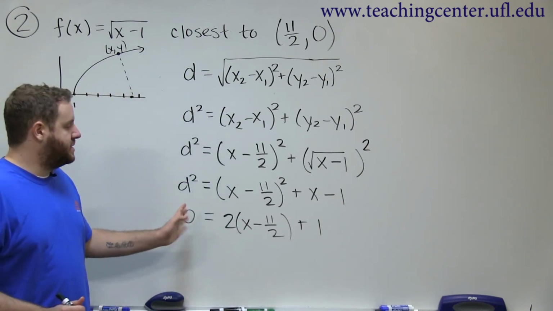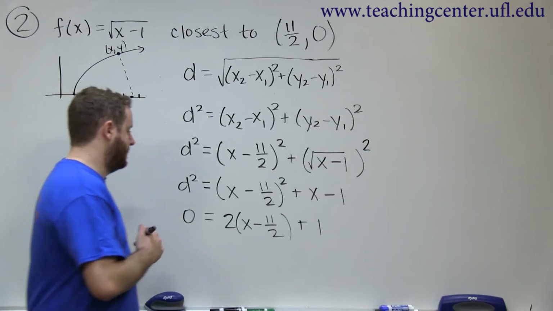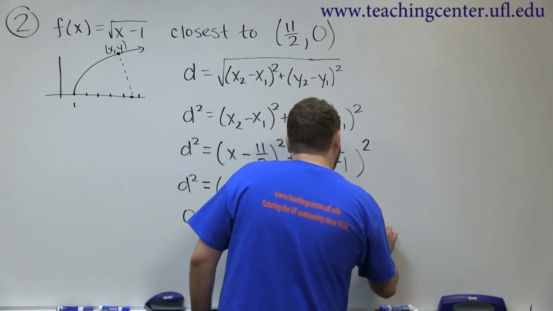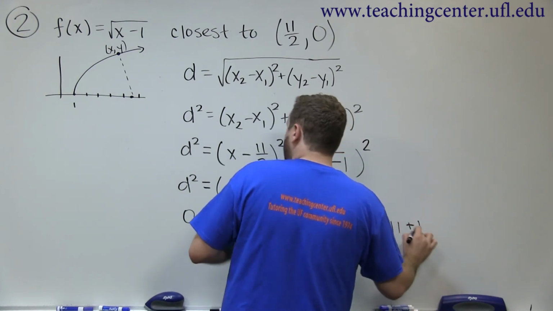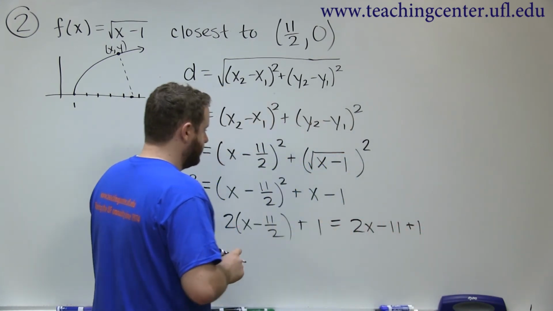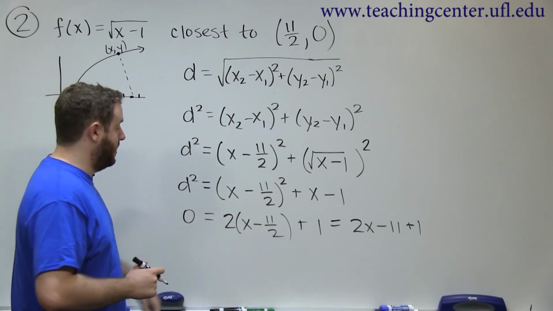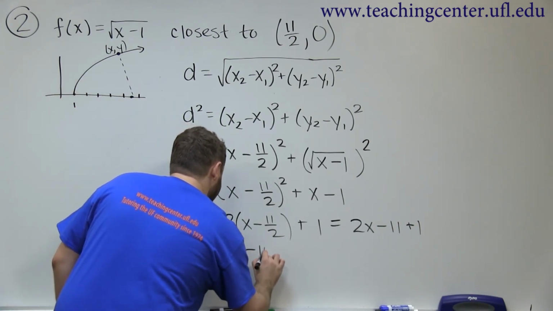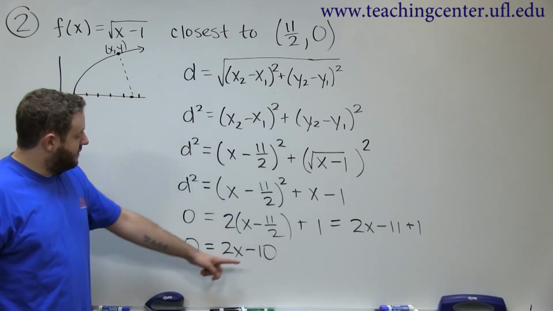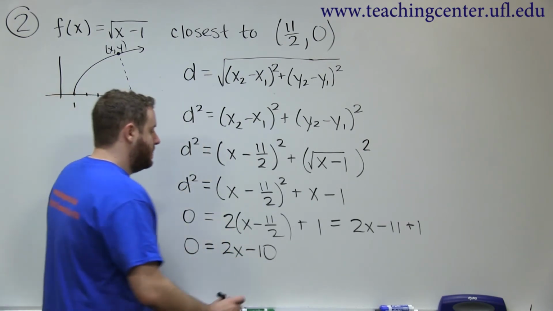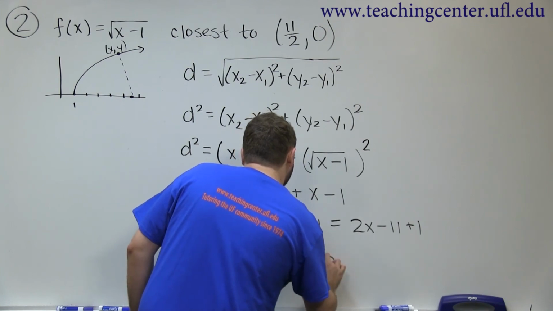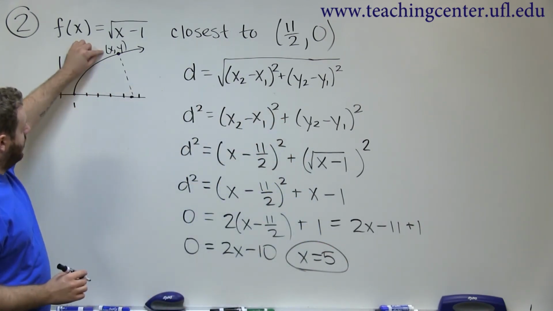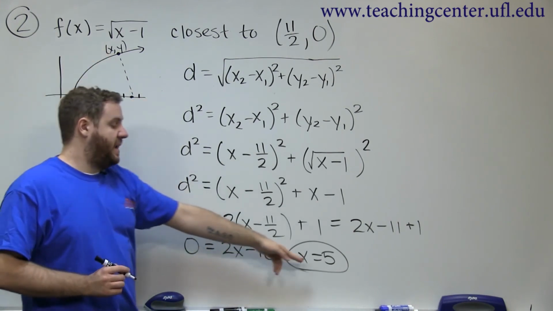This is really easy to do now. Just distribute the 2, and then we'll solve it. So if we distribute the 2 here, we get 2x minus 11 plus 1. Well, 2x minus 11 plus 1 is 2x minus 10. And if you add over 10 and divide by 2, you get that x equals 5. So the x-coordinate of our point up here must be 5.